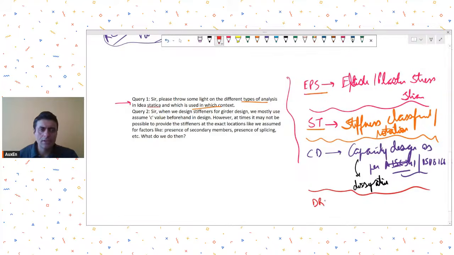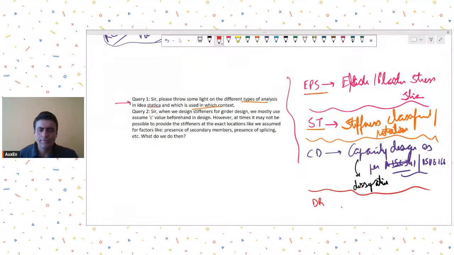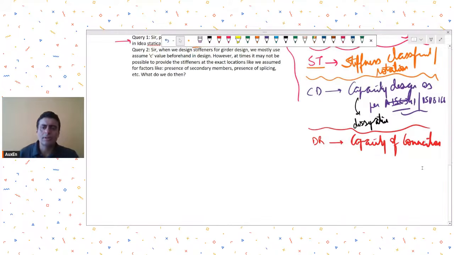Then there is this, if I remember correctly, DR analysis, where you find out the capacity of your connection, where you can find out what is the moment capacity or what is the shear capacity of your connection, that you can find out in this DR analysis.